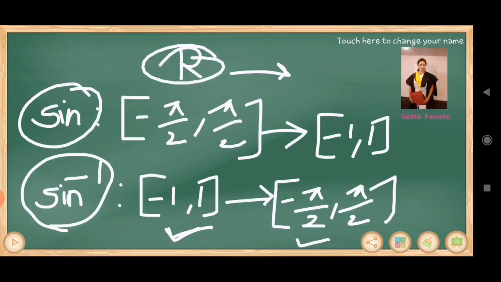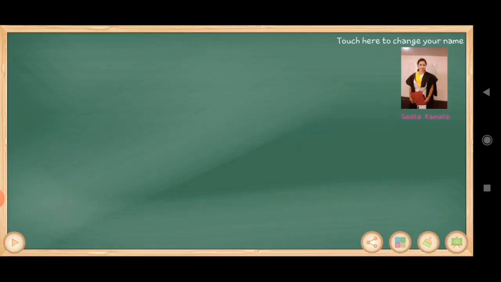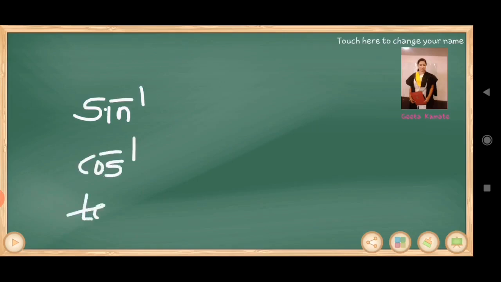Now let us move to how to find the derivatives of these 6 inverse trigonometric functions. What are the 6 inverse trigonometric functions? Number 1, sine inverse. Next, cos inverse, tan inverse.